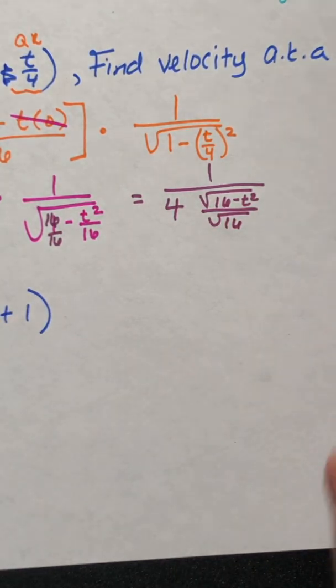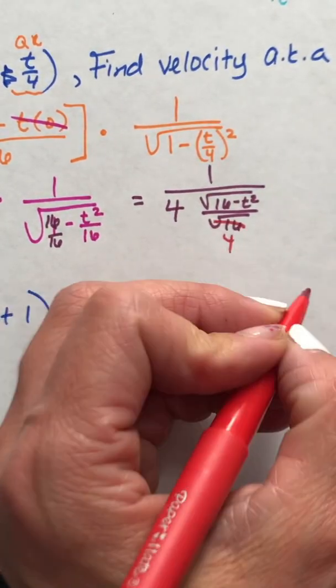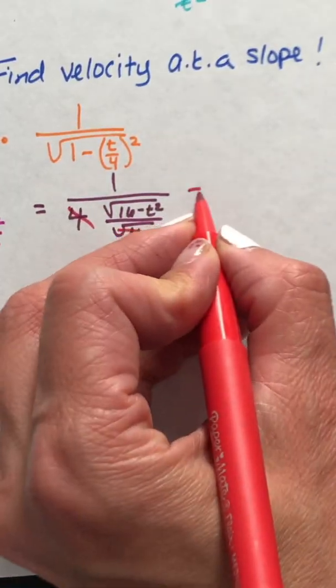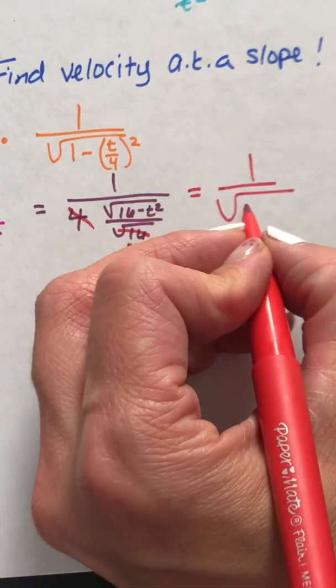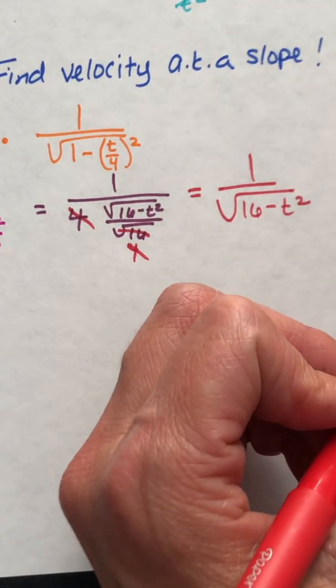Well, we know what the square root of 16 is. The square root of 16 is 4. So this is going to be a 4, which means these 4s are going to cancel. So that means my answer then is just 1 over the square root of 16 minus t squared.